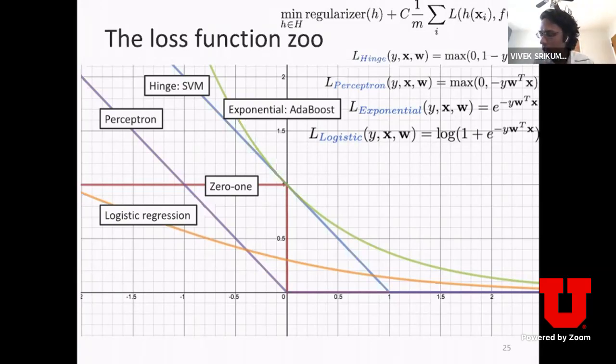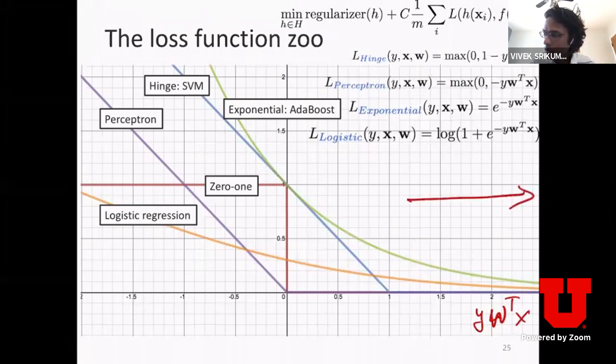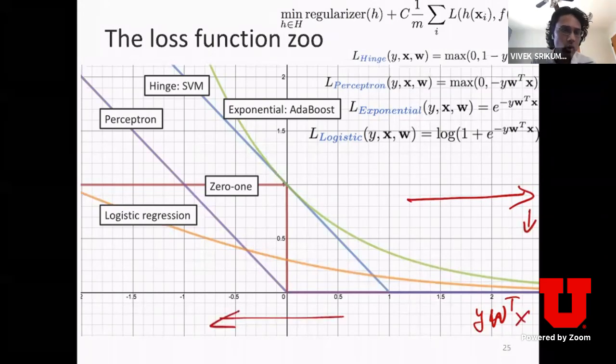The first one is, as a function of yw transpose x, as yw transpose x goes in that direction, we want the loss to decrease. As yw transpose x goes in this direction, we want the loss to increase. So all these functions satisfy that property.